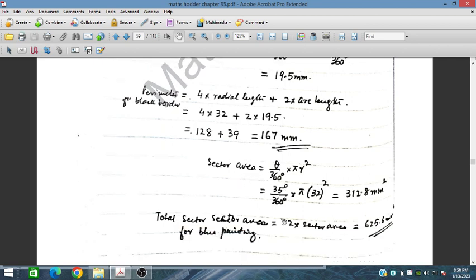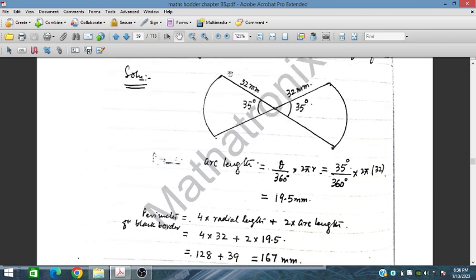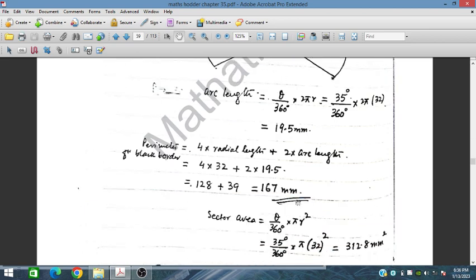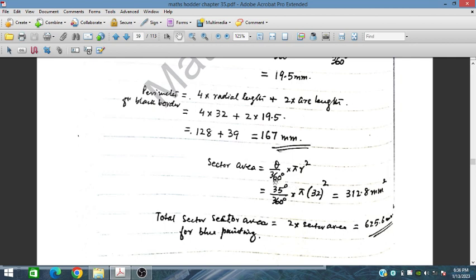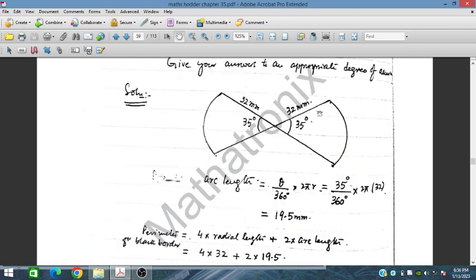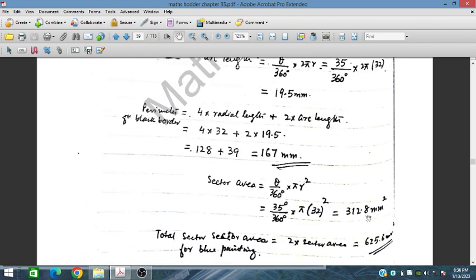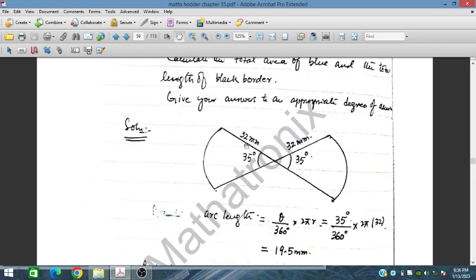For sector area, theta divided by 360 degree times pi r square, and r is given as 32 mm square. So this sector area is basically 312.8 millimeter square. So the area of one side is 312, and we have the same area here, so we have twice that area.